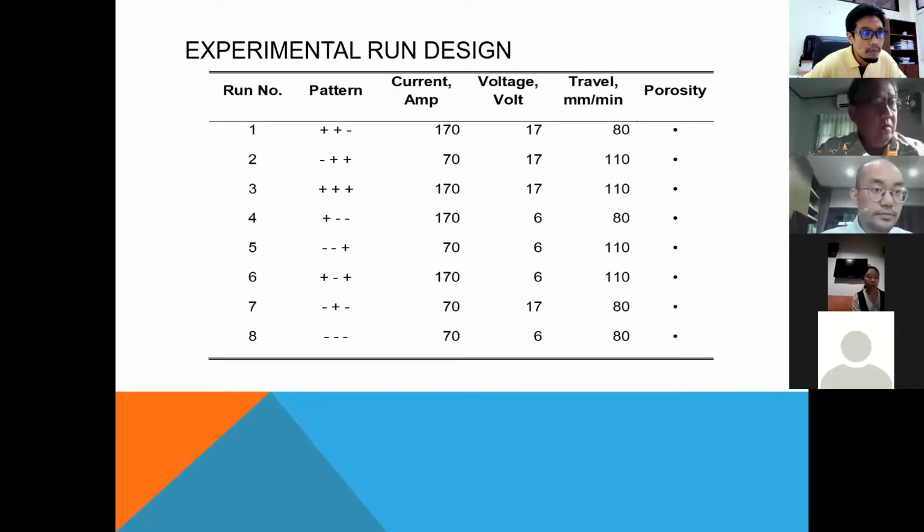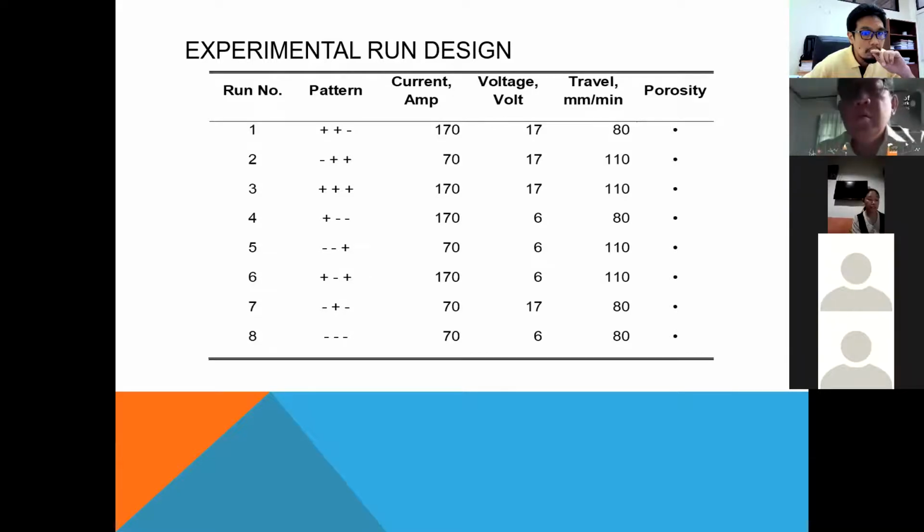Then the next shows the low and high setting of 3 factors. This was run by using JMP statistical software with randomization.